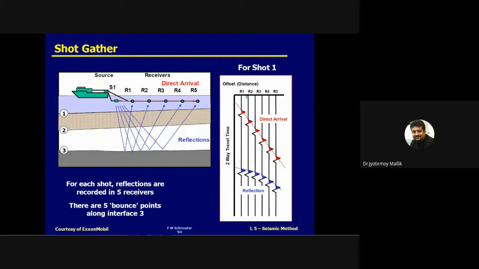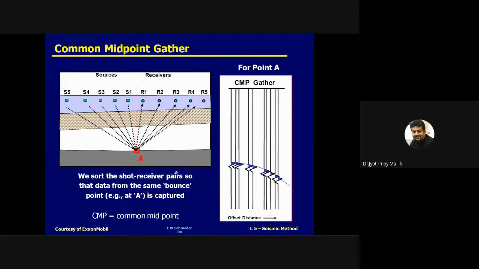Now if I am looking at this particular point, and I try to image that same point with a set of sources and receivers, I will also generate something like this. So what is this doing? This is actually trying to amplify the data.